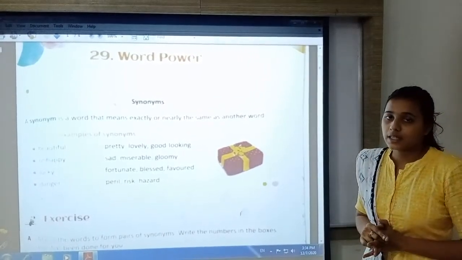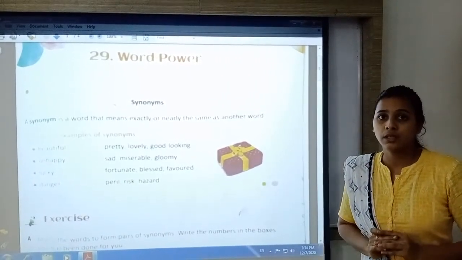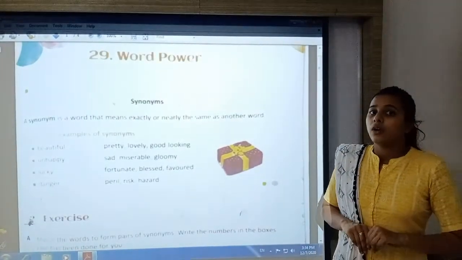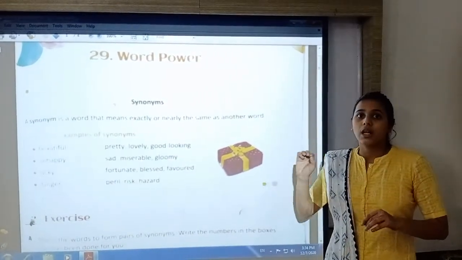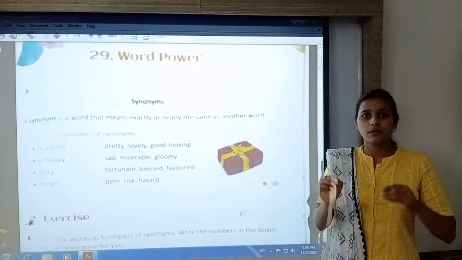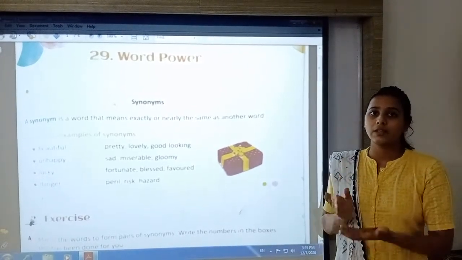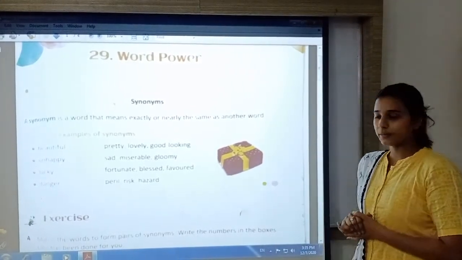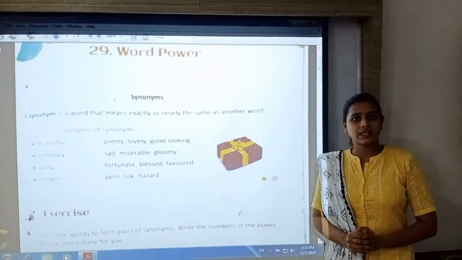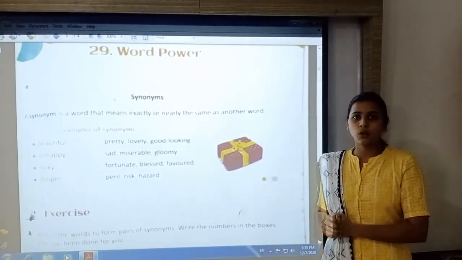Now let us see the exercise of synonym in which we have to use appropriate synonyms to fill in the blanks. Okay. Now let us see the exercise of this topic.